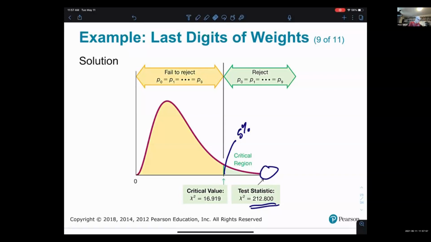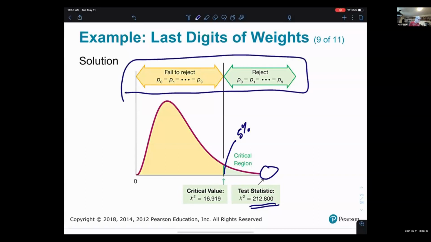If it instead wasn't in the critical region and was somehow below the critical value, then you would fail to reject. So you draw the conclusion based on where it lands up here. And in this case, it lands on the reject the null hypothesis side because the value is way to the right of the critical value.